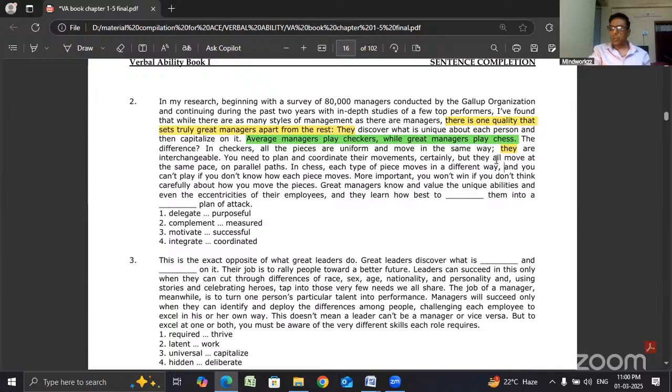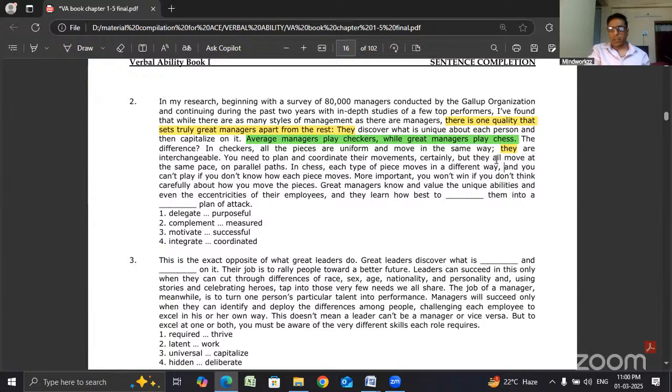Are we talking about some survey? Are we talking about the difference between a leader and a great manager? Are we talking about what great managers do? Are we talking about the author's point of view, that a lot has been written on leadership, but hardly anything has been written on what great managers do?